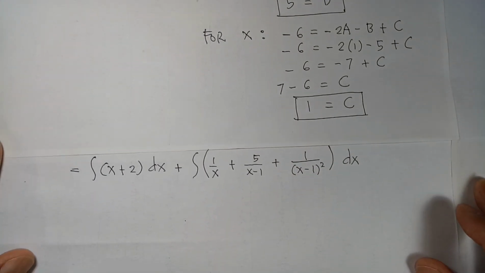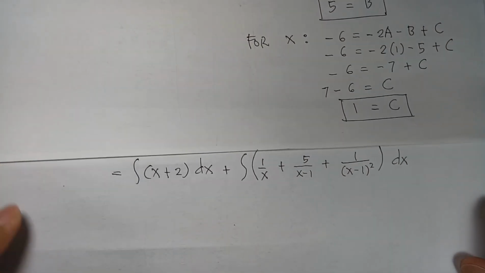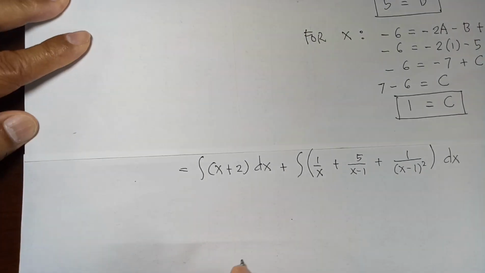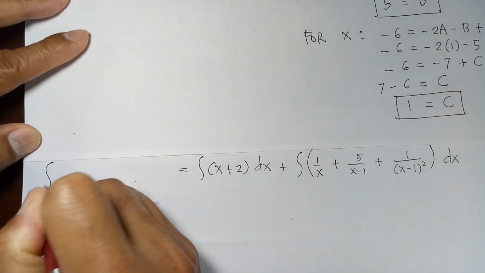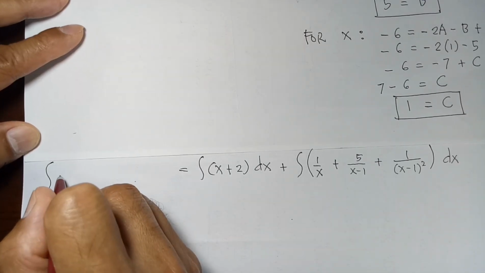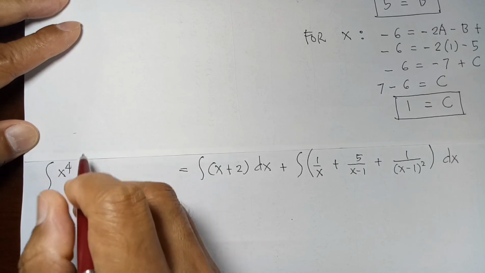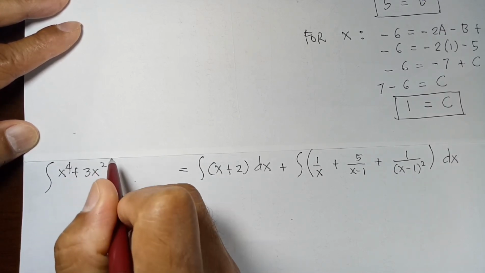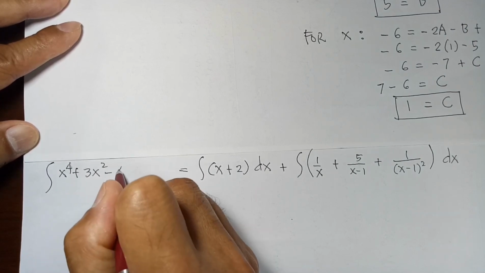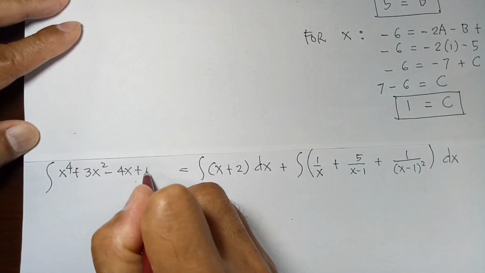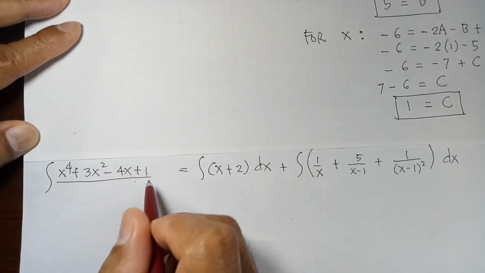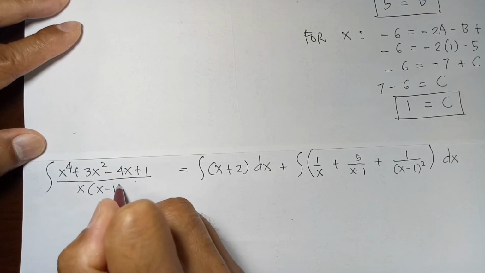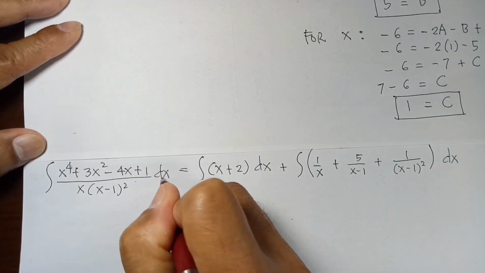So, let us now separate the integral. By the way, let us rewrite our problem. It is the integral of x to the 4 plus 3x squared minus 4x plus 1 divided by x times x minus 1 squared dx.